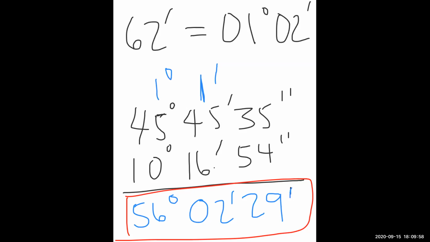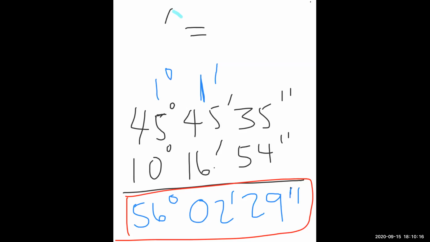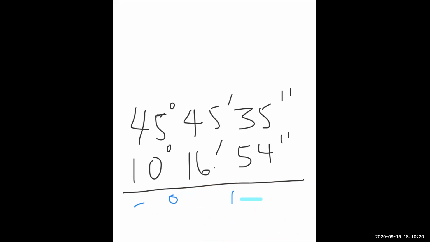Any other questions? Okay. Now, if we wanted to subtract these two numbers, I can't take 35 minus 54 because that's a negative answer.